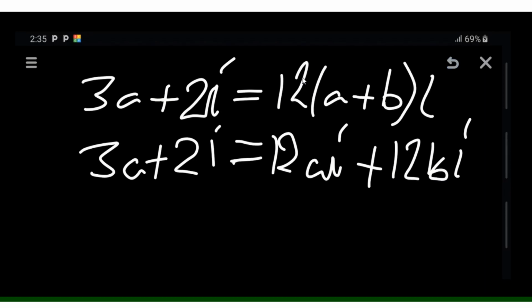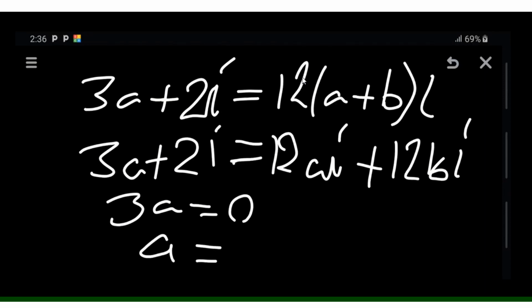From here we need to equate the real part to the real part, the imaginary part to the imaginary part. So I'll say my 3a is equal to 0. Since 3a is equal to 0, we divide both sides by 3, you get 0. All right, so my a is 0.